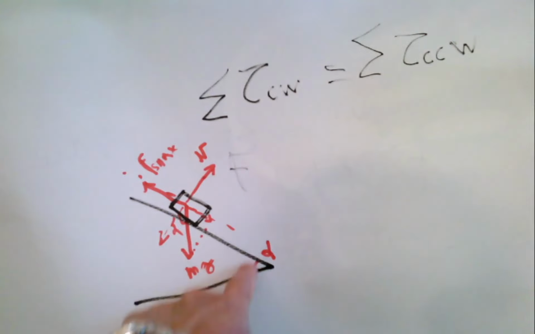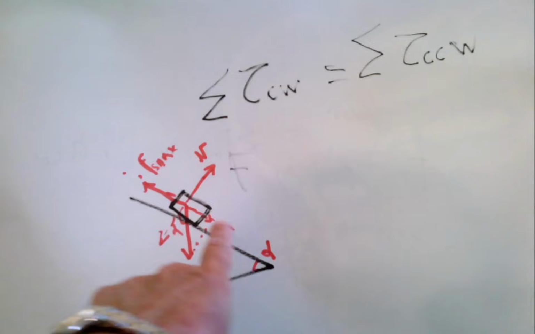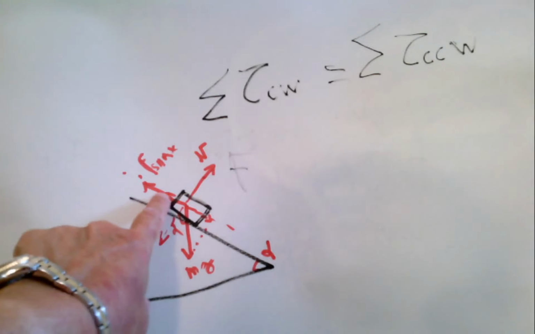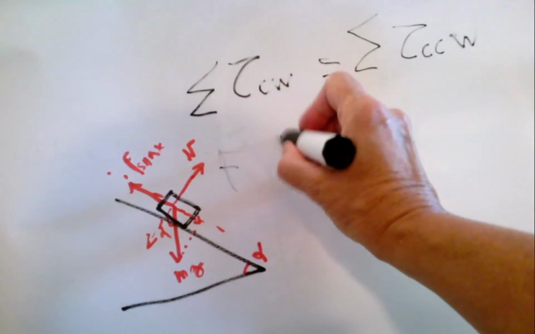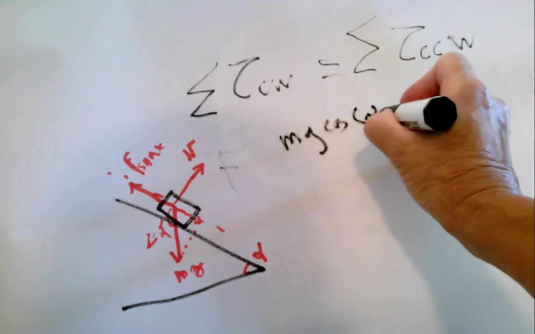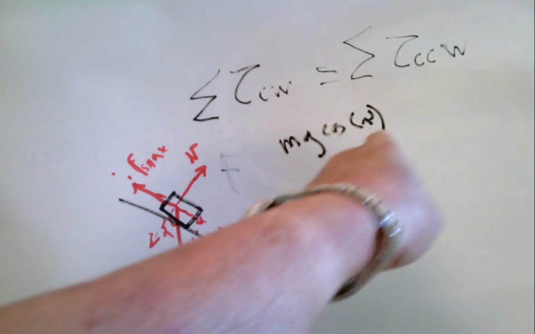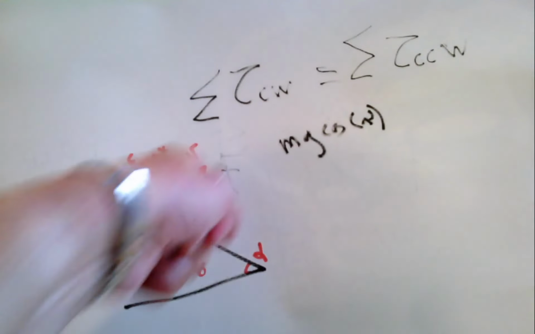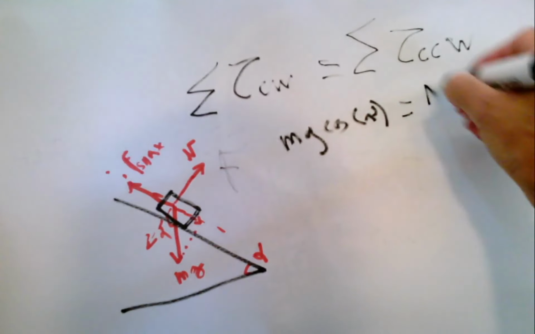And you increase the angle until it's about to slide, until it slides. That means that you have reached the maximum static friction. So when that happens, the component of the weight perpendicular to the plane will equal the normal force.